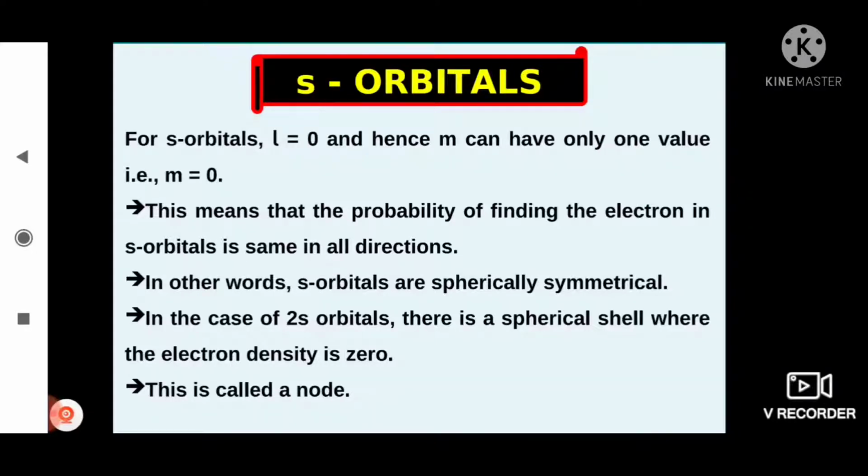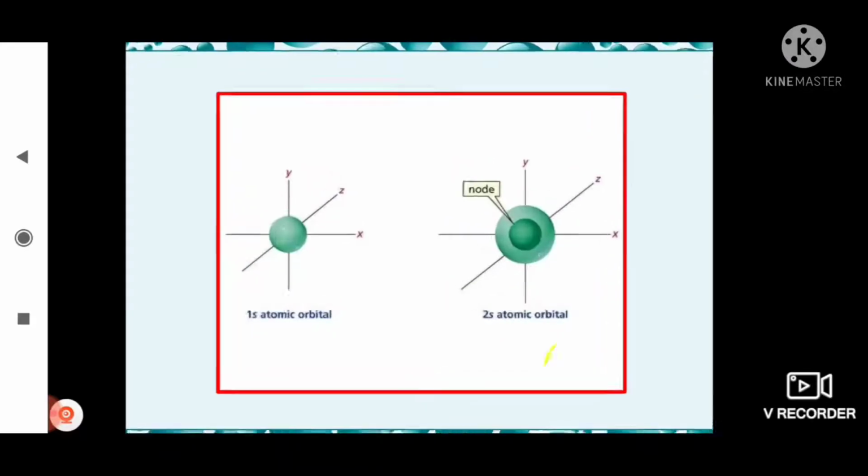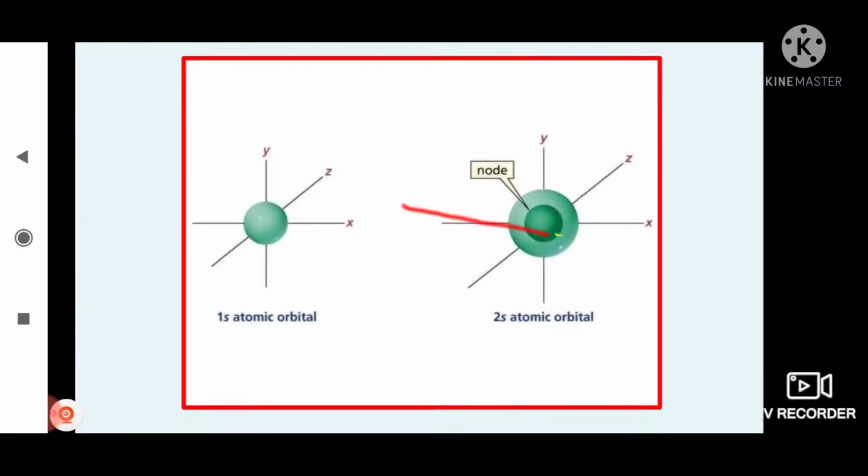An s orbital hence has spherical symmetry. In the case of the 2s orbital, there is a spherical shell where the electron density is 0. That is called a node. What is a node? A node is the point at which electron density is 0. This is the node of the 2s atomic orbital.